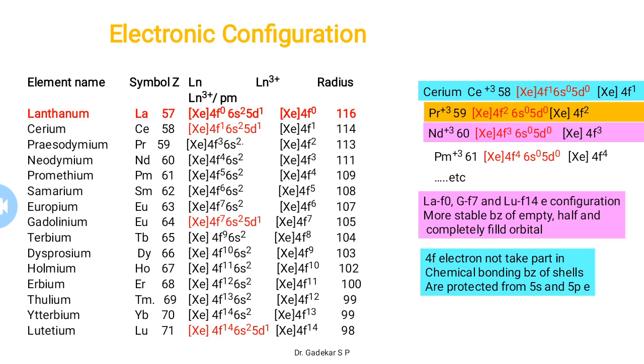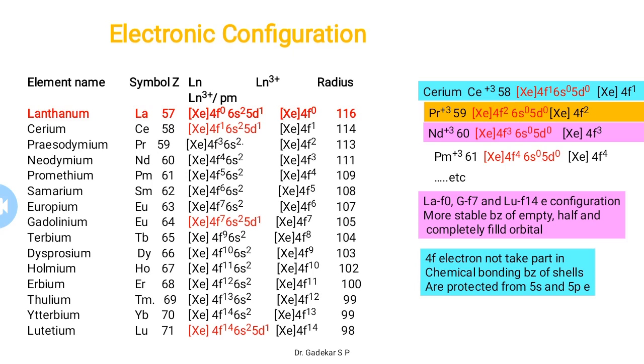The lanthanide series starts from atomic number 58 to 71. Atomic number 72 is hafnium.